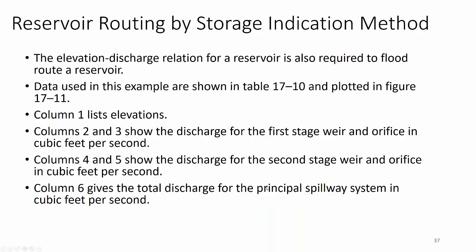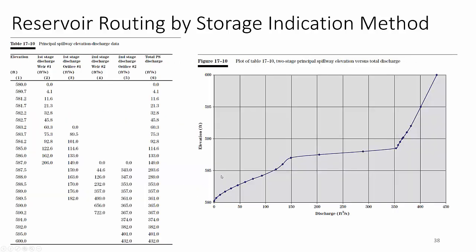So the elevation discharge relationship is required. It's used in the two systems. Column 1 lists elevations. Columns 2 and 3 show the discharge for the first stage weir and orifice in cubic feet per second. Columns 4 and 5 show the discharge from the second stage weir and orifices in cubic feet per second. Column 6 gives the total discharge of the principal spillway system in cubic feet per second.